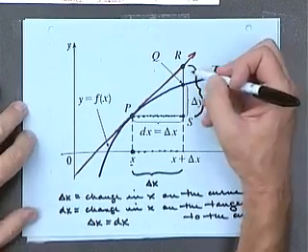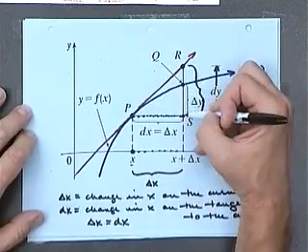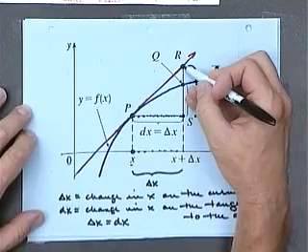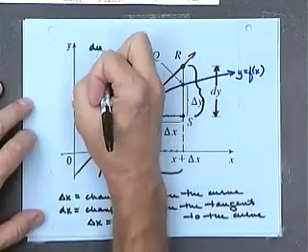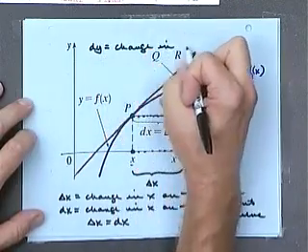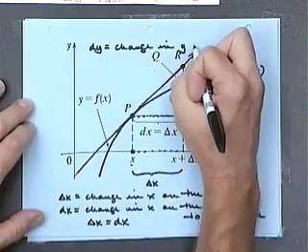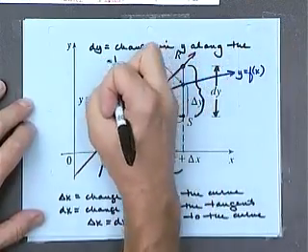Along the tangent. So how much y did we change in going from here to here? It'd be the same as going from here to here. So that's the y. So dy will be the change in y along the tangent.